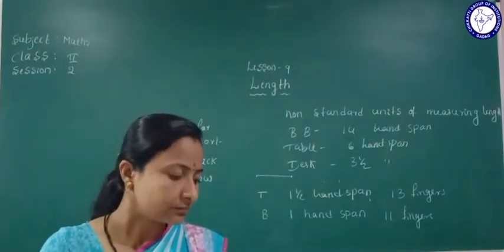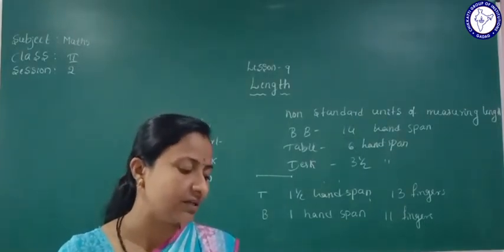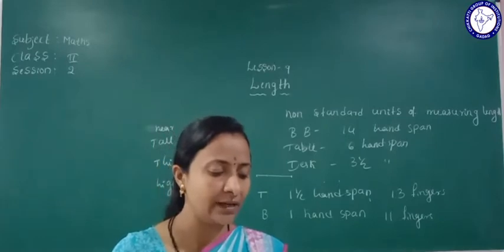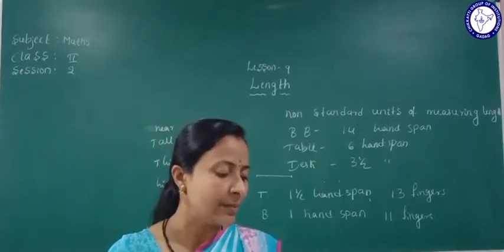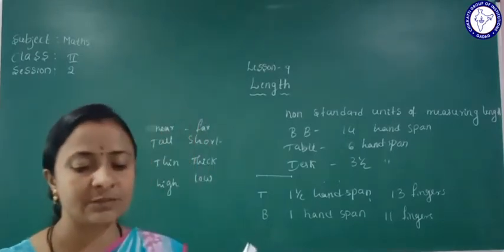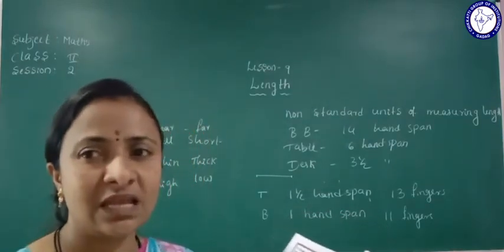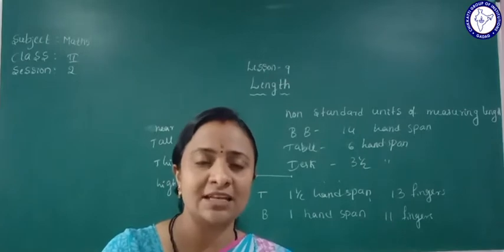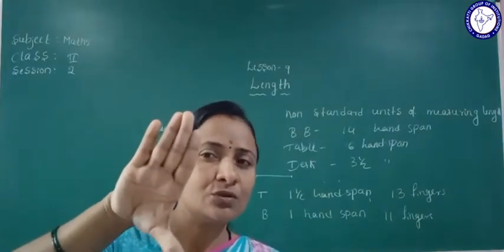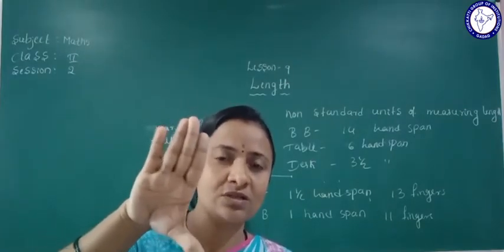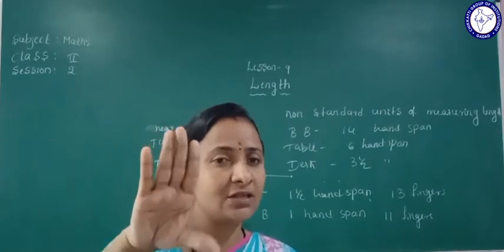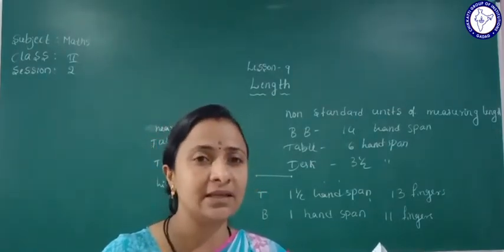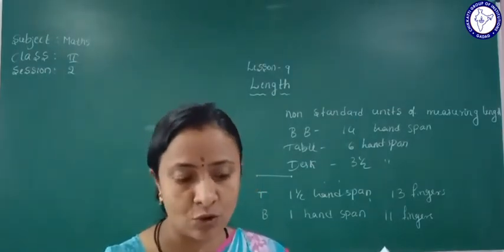Next one given here: name the things around you that are smaller than the measurement of your handspan. Those things are smaller than the handspan. This is a handspan, so which object is smaller than the handspan?